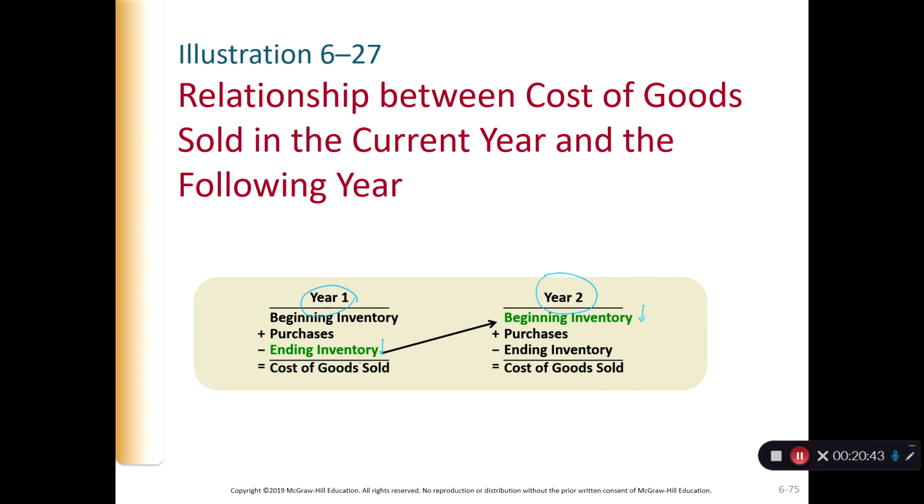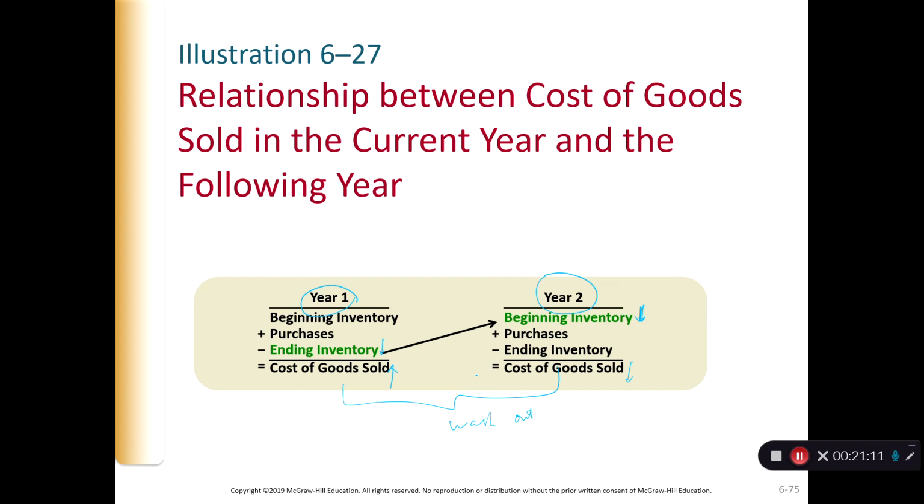In year 1, because of the understatement of ending inventory, you will have overstated cost of goods sold. On the other hand, because the beginning inventory in year 2 is understated, you will have cost of goods sold understated in year 2. And these two actually wash out.